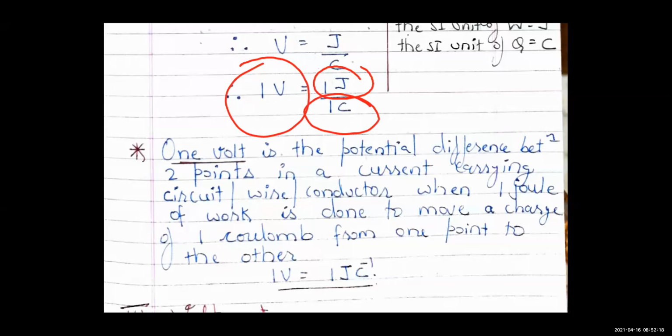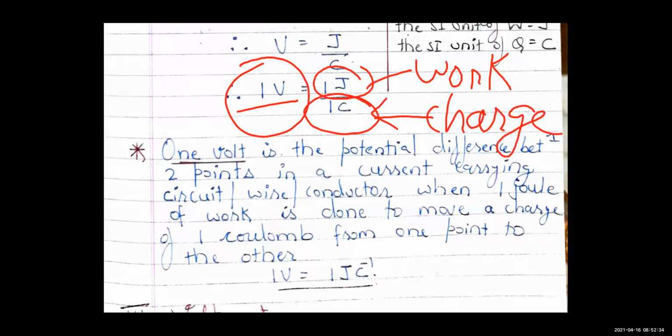Once more, what is 1 volt? 1 volt is the potential difference between 2 points when 1 joule of work is done in bringing 1 coulomb charge from one point to another. This is your definition for 1 volt, right?